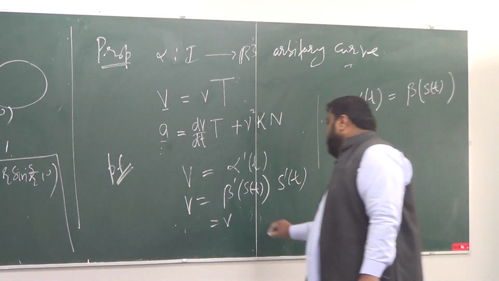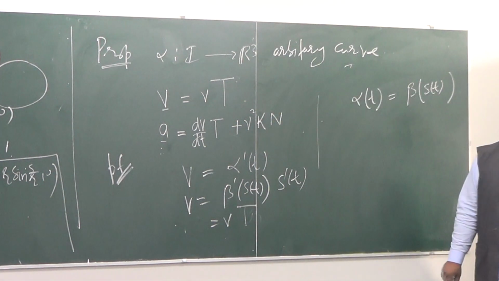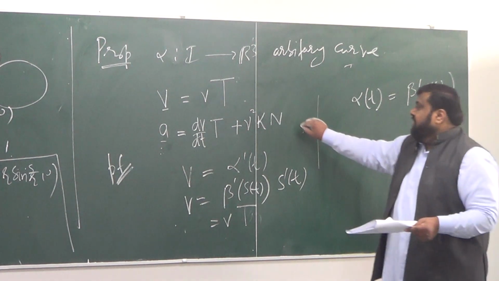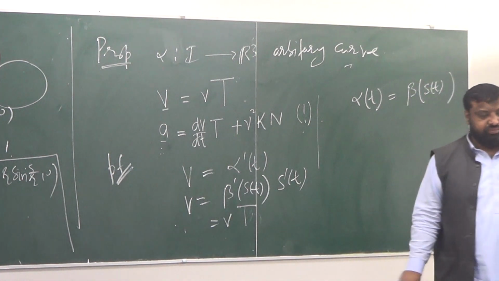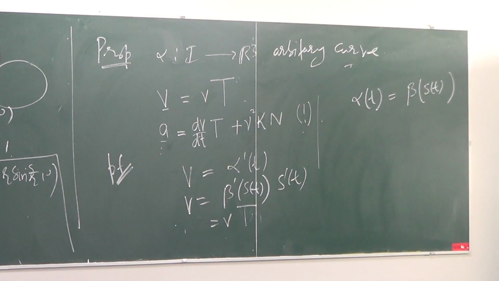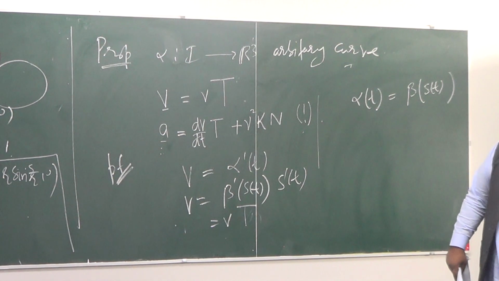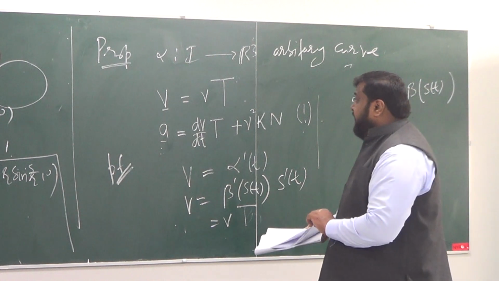And what is beta prime? That's your T at s of t. Verify this for yourself. You just have to differentiate the velocity using the product rule. So verify it for yourself.